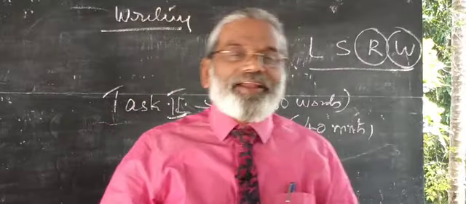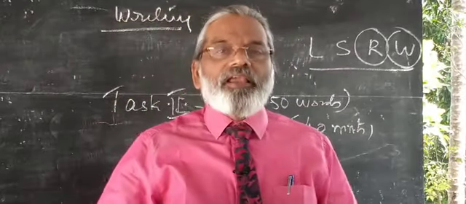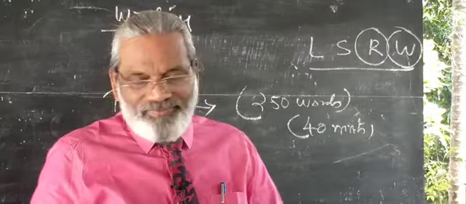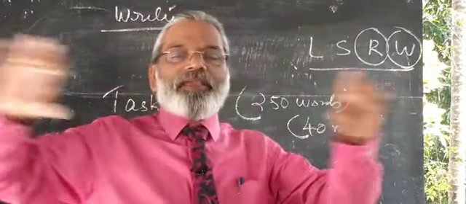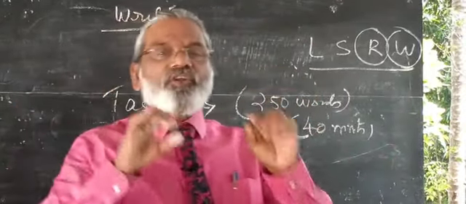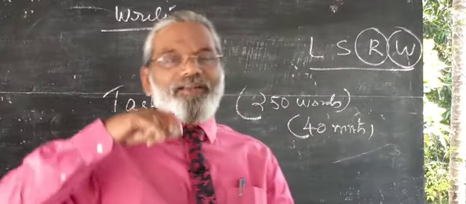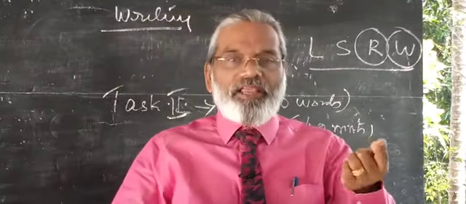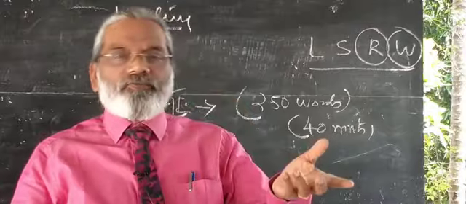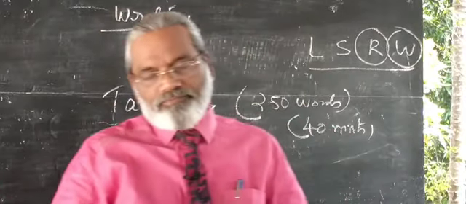What is meant by an argumentative essay? Agree or disagree. There will be a topic, and on this topic you should state whether you agree or disagree, about which I will teach you in future.